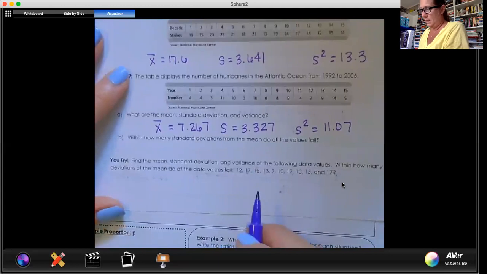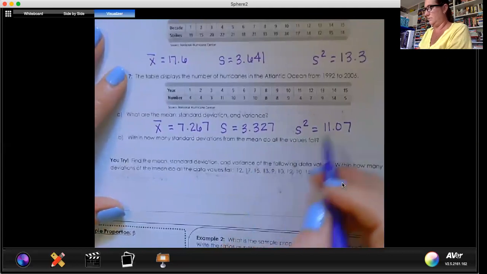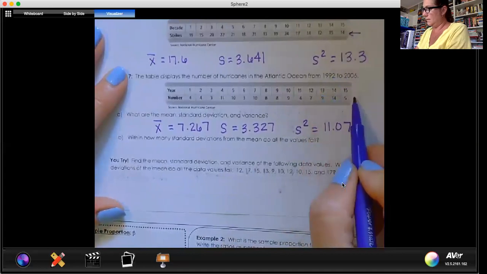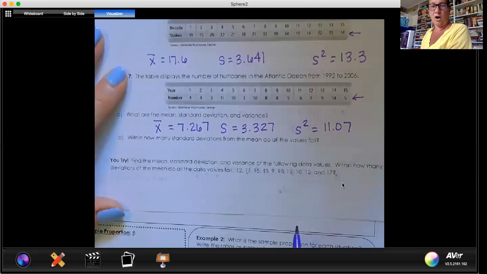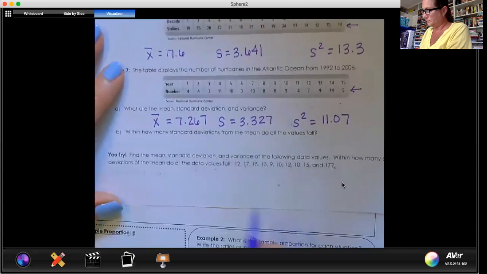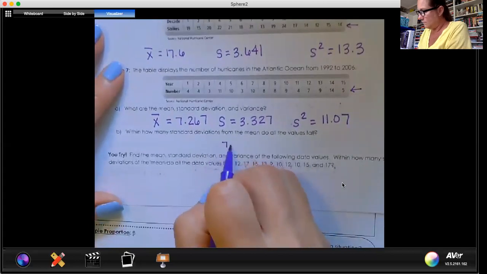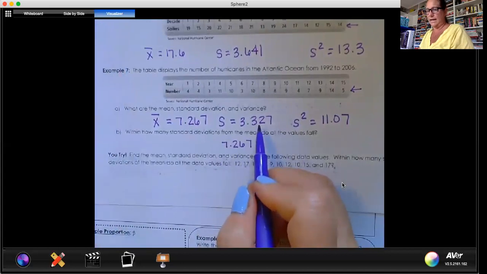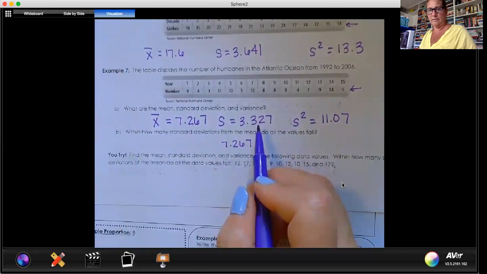So within how many standard deviations from the mean do all the values fall? So all the values, we're looking here and here. So we're looking at all of the values. So our mean is 7.267. And we're going to subtract our standard deviation value from that.